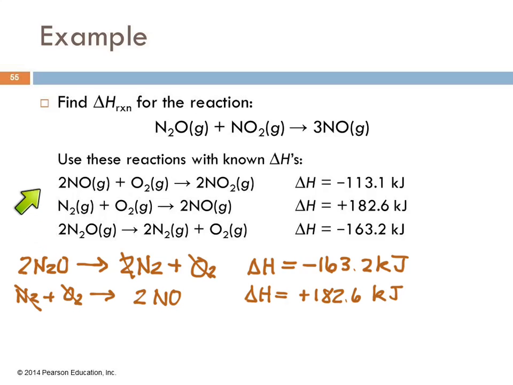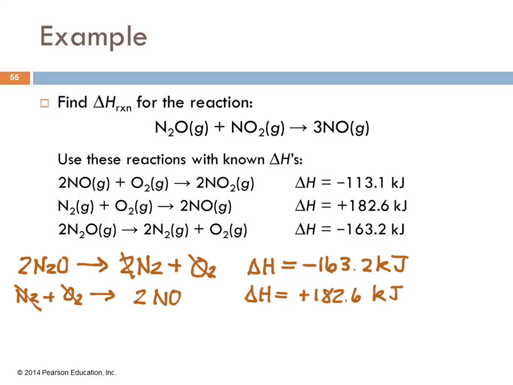So it's probably time to throw this guy in there. So this one has NO2. In our final reaction, we want NO2 to be one of the reactants. So we need to take this one and flip it backwards, reverse it.